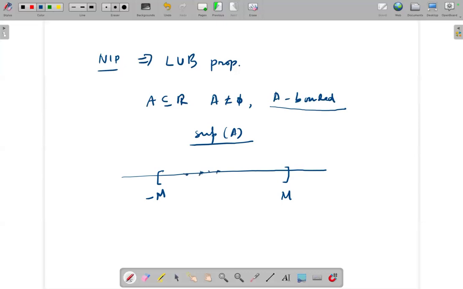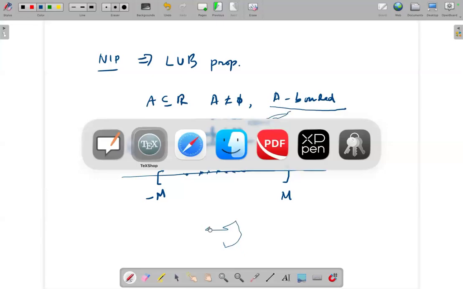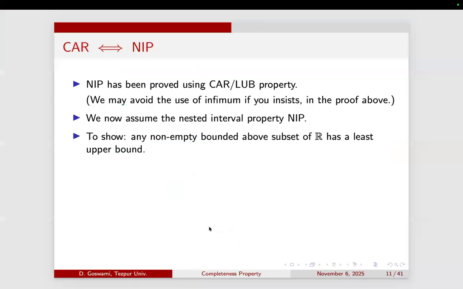I assume that there are infinitely many. If the range of the sequence is finite... Sorry, no, I'm not talking about a sequence. I am so sorry. So let's go back here and try to understand from here.